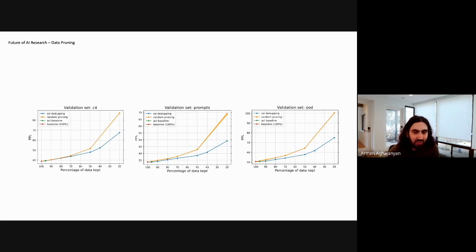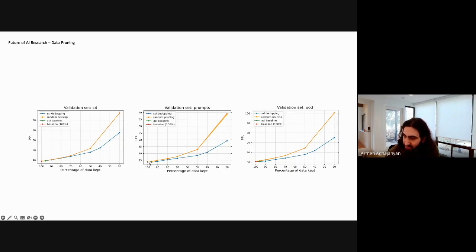But the core thing that we're seeing here is that we can significantly reduce the amount of data needed. This is the validation set on MMLU, so it's a pretty good measure of how well the model is doing on downstream tests. We have some new methods coming out that are as competitive at cutting out a lot of data.